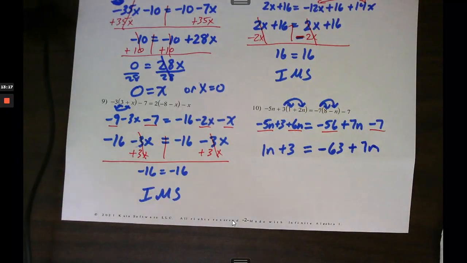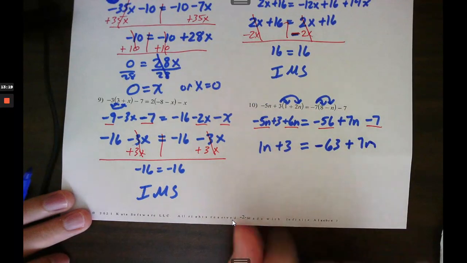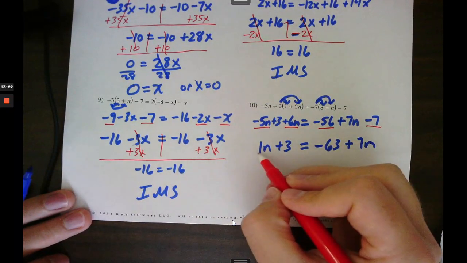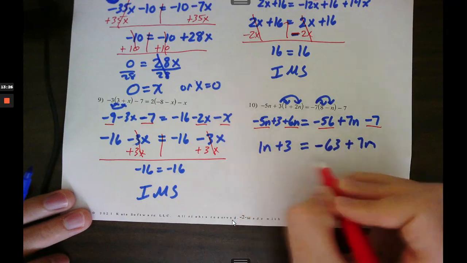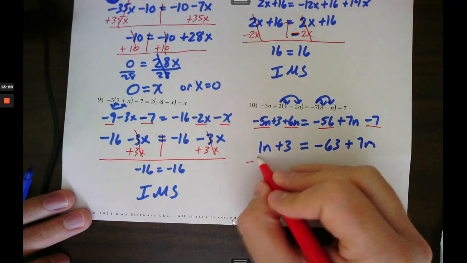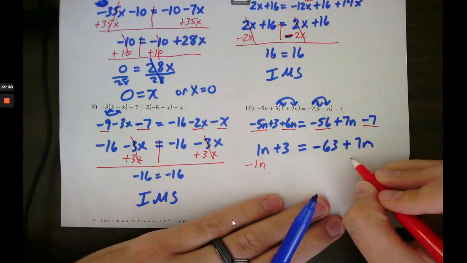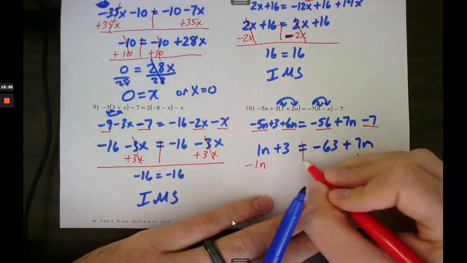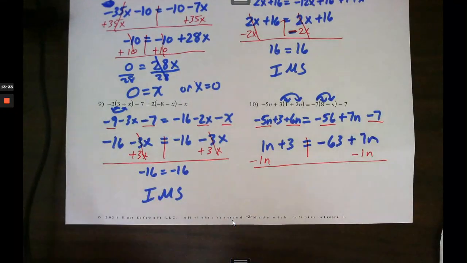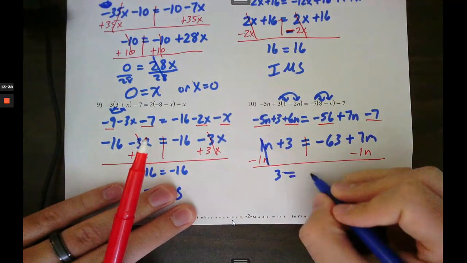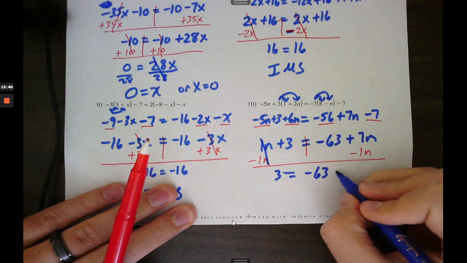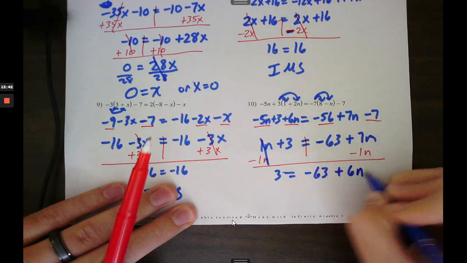Okay, again, now I'm going to have to do a little bit to get my n's on the same side. I want to keep my coefficient positive, so I'm either subtracting 1 or subtracting 7. And I know that if I subtract 1n on both sides, that I'm going to end up with a positive value for n. So I end up with 3 equals negative 63 plus 6n.